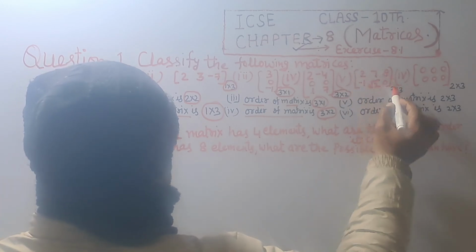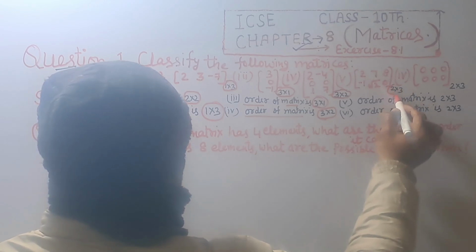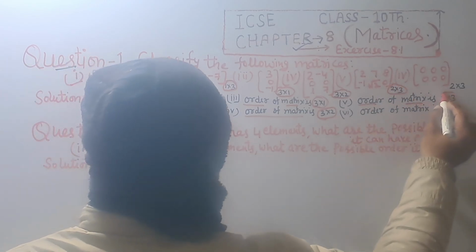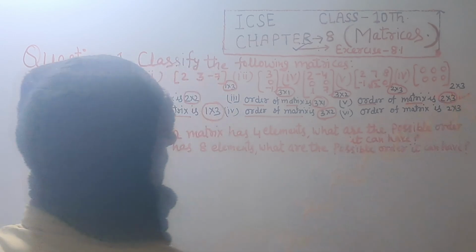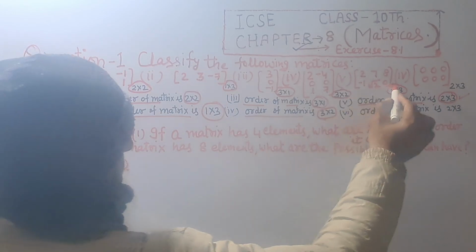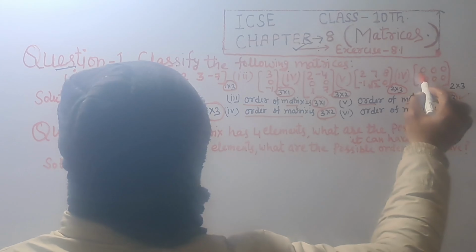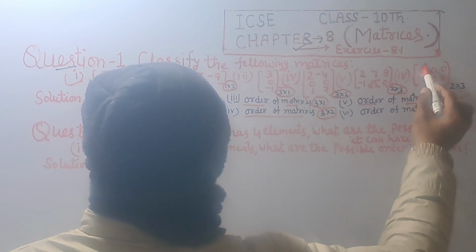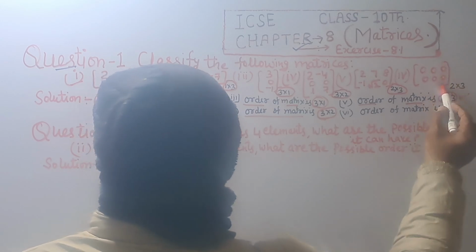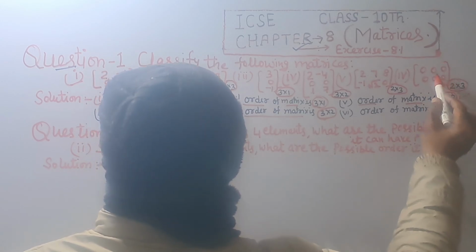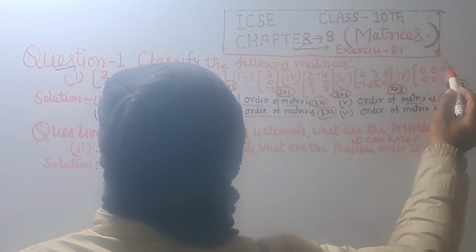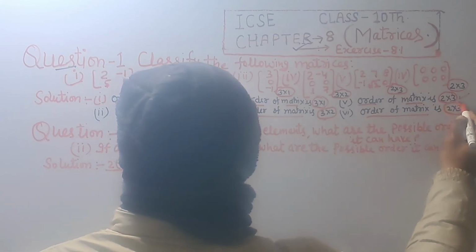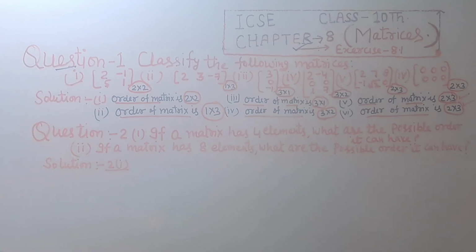So 2 rows and 3 columns, that is 2 cross 3. So order of matrix is 2 cross 3. And sixth part, it's a null matrix. First row, second row, and first column, second column, third column, that is 2 rows and 3 columns, 2 by 3. So order of matrix is 2 by 3.